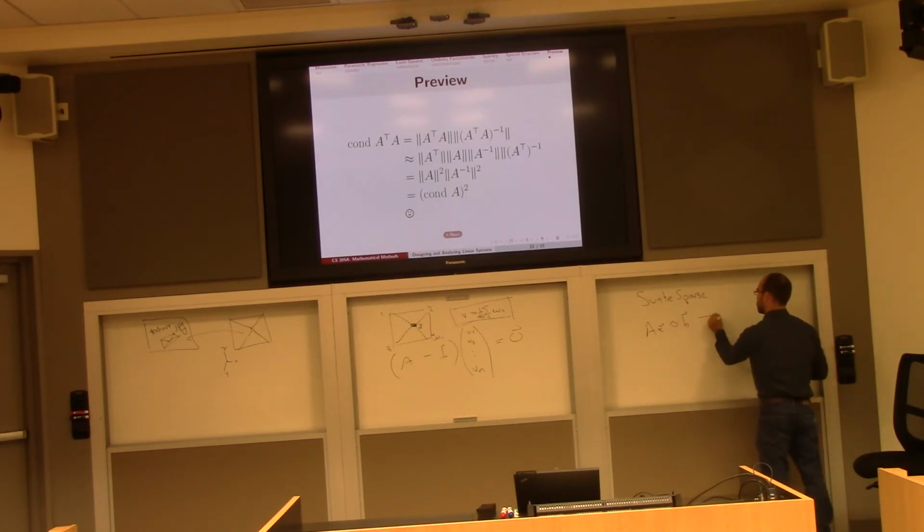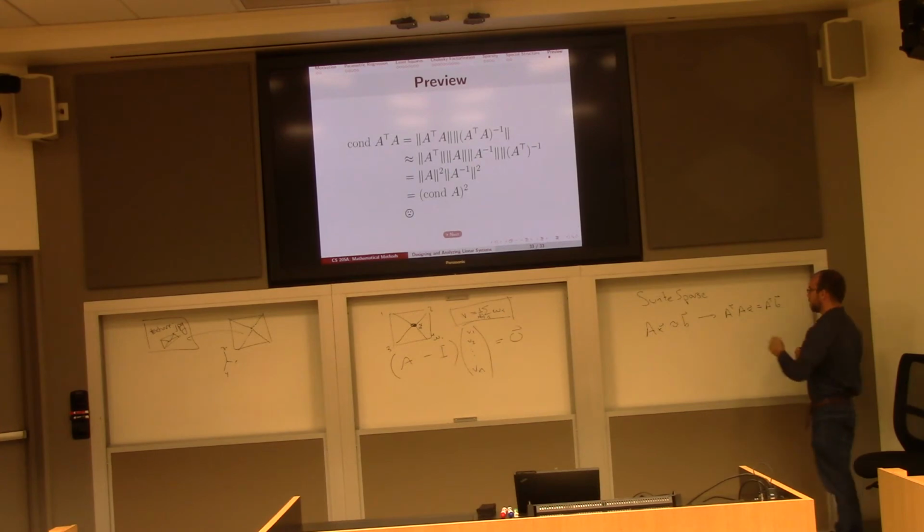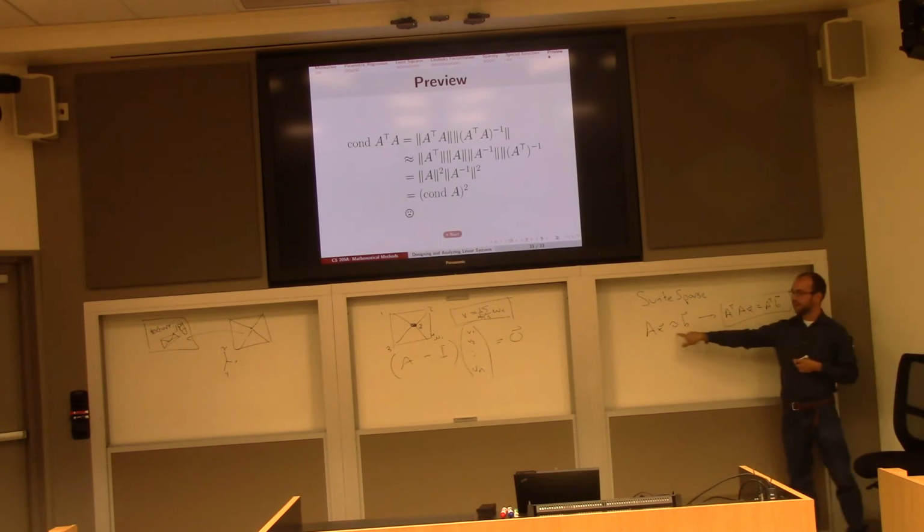So remember our story from last time: we're going to solve A transpose AX equals A transpose B. We decided this was the KKT, or rather the Lagrange multiplier conditions, for minimizing the difference between these with respect to X. Is this familiar?